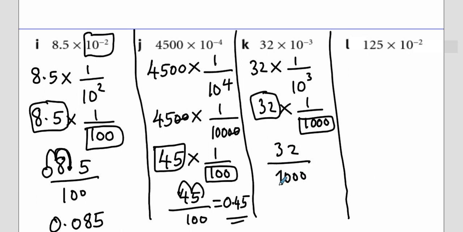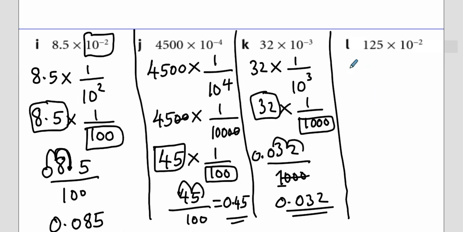You have 3 zeros, so you need to count 3 numbers from right to left, add 0 here, and then you get 0.032. See that? Correct.